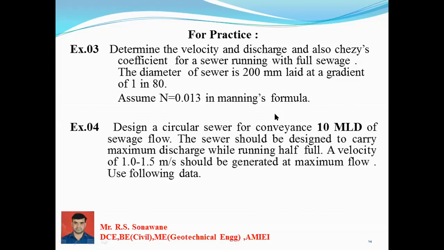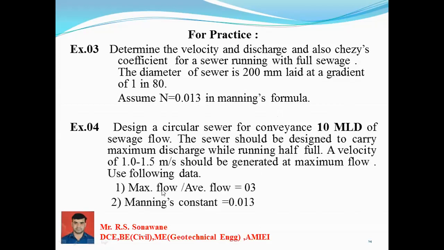Second example for practice: design a circular sewer for a flow of 110 MLD of sewage. The sewer should be designed to carry the maximum discharge while running half full. Velocity between 1.0 to 1.5 meter per second should be generated at maximum flow. Use the same data already given; just change the value of the flow.